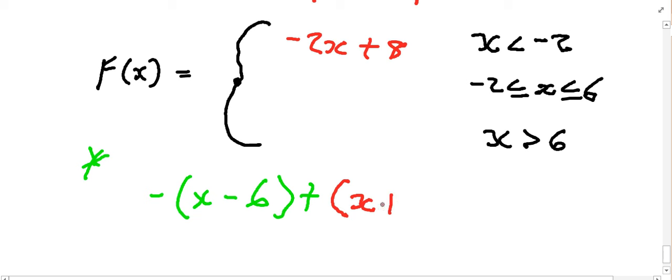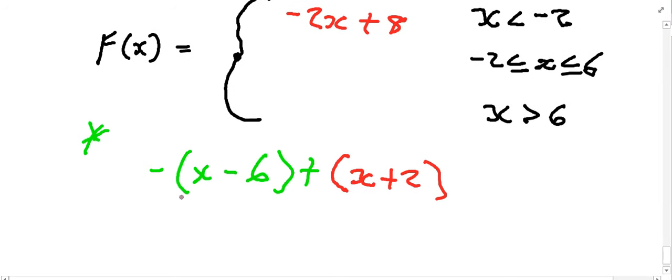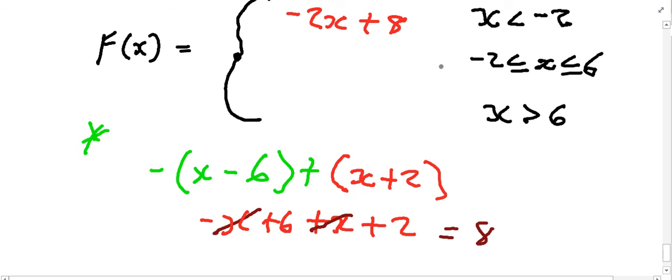So x plus 2. Okay, that's what we have. So if you work it out, you're going to have x plus 6 plus x plus 2. For sure you know that that is negative and that is positive, so this guy and that guy will go. So this is just simply giving us what? 8. So our value on this part will be 8.